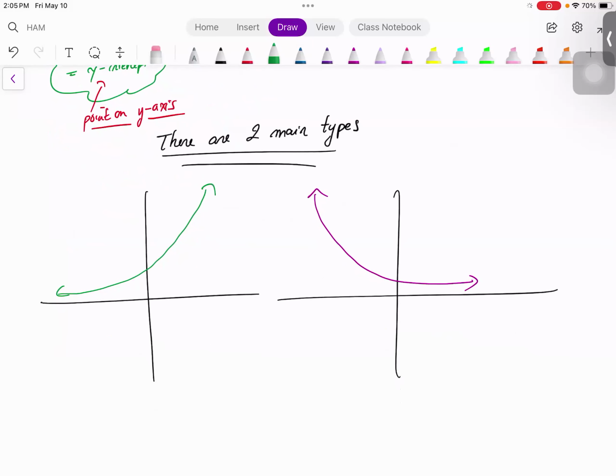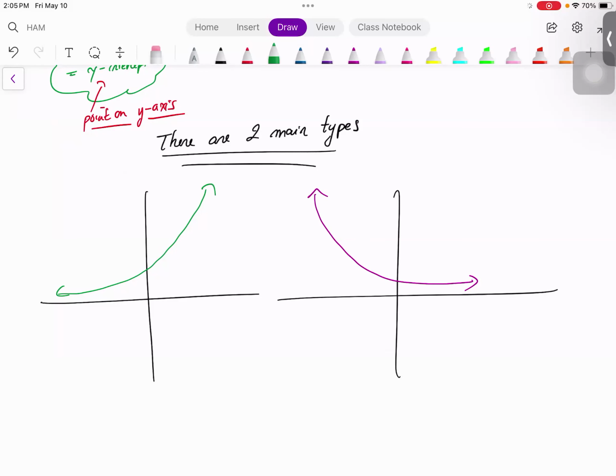Growth function. Then what is the other one? Opposite of growth. Come on, give me some hope. Growth function and, kind of very close.